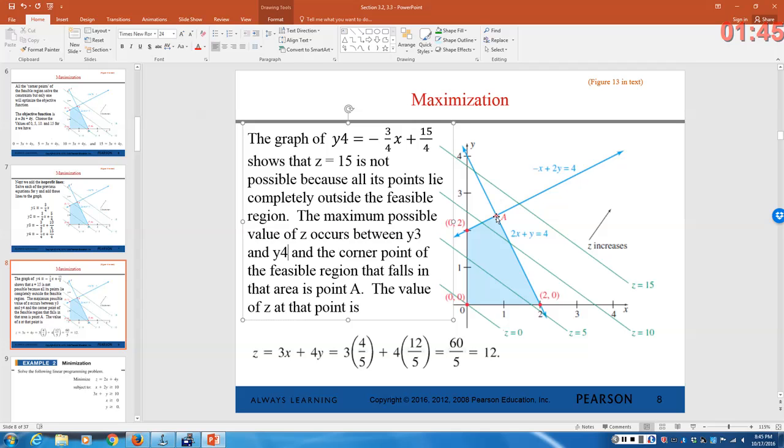So if we're trying to minimize, here's our minimum point at 0, 0, which, duh, of course you're going to have 0 for whatever the objective function is if you don't have any of X and you don't have any Y. But since we wanted to maximize, that's intuitively the maximum point. So all we need to do is find the maximum point and plug it into the objective function. It turns out that the maximum value for the objective function is 12.